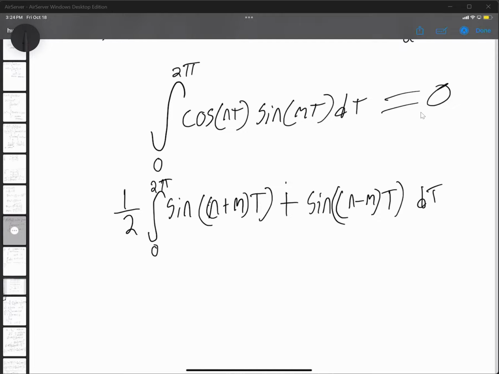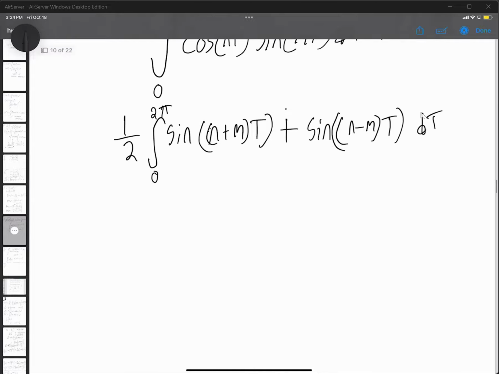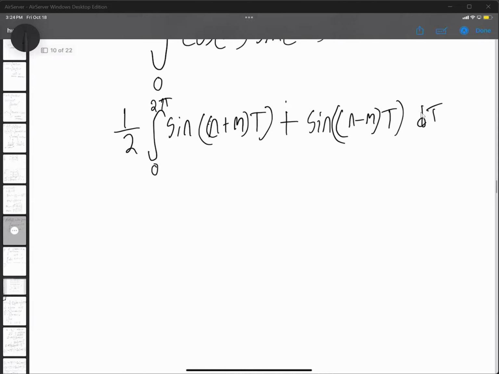Now let's integrate. How do we get sine? A positive sine function, we want negative cosine, and we do a u sub inside. We're going to have 1 over n plus m, with the negative up there, cosine of (n plus m) t.